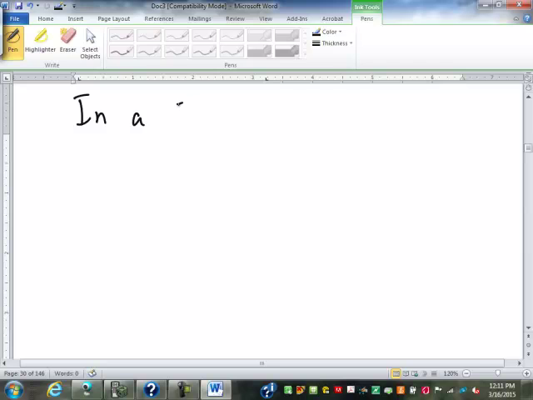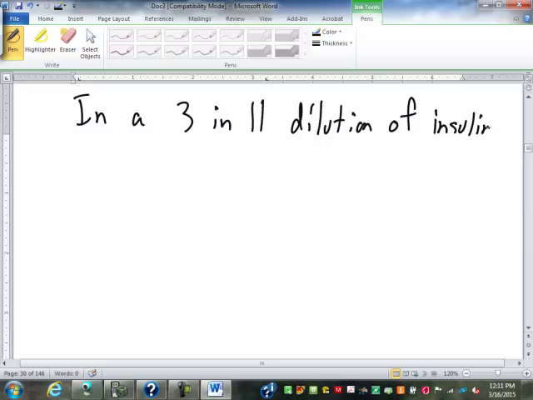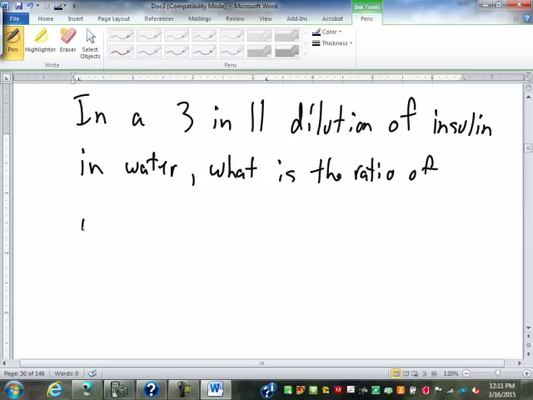In a 3 in 11 dilution of insulin in water, what is the ratio of water to total volume?